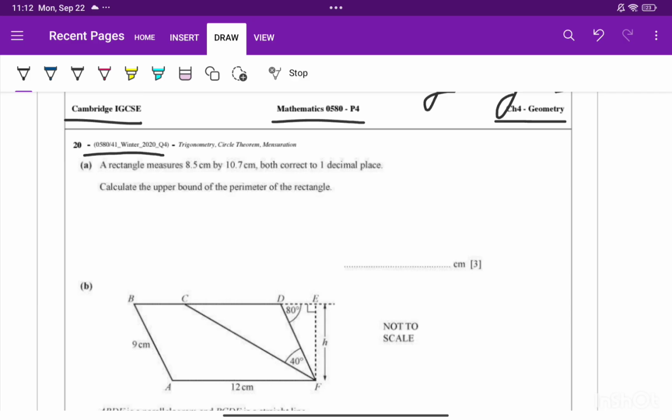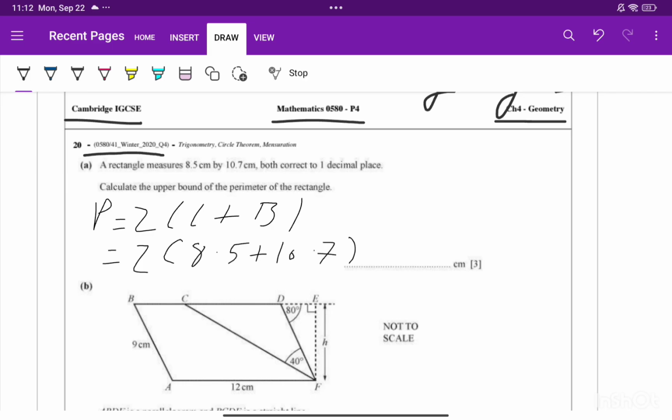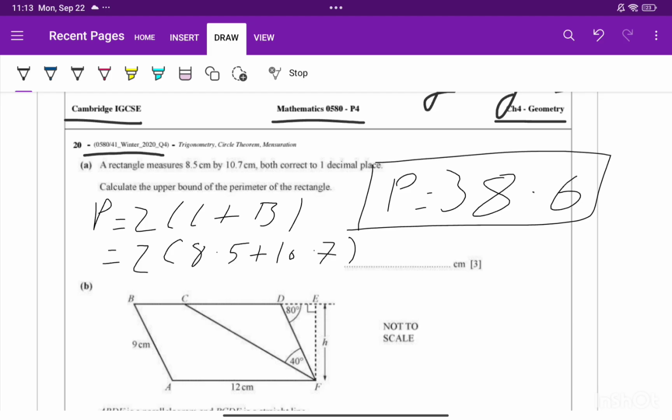As we know, the perimeter upper bound formula is 2 times length plus breadth. Over here the length is 8.5, breadth is 10.7. So solving in the calculator, the answer is 38.6. This is our answer.